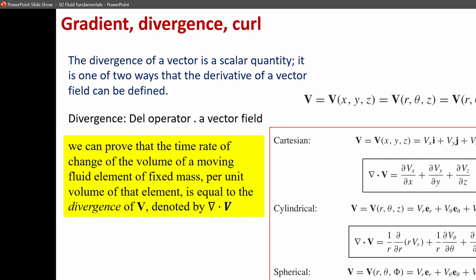Okay. And we're going to see later on, for an incompressible flow field, in which volume should not change at all, this is always equal to 0, right? So taking the divergence of a vector is going to tell you how much of a volumetric change you're going to see in that vector field.